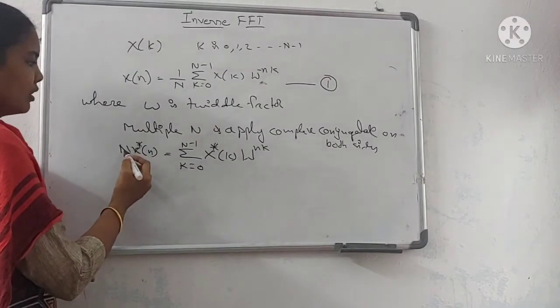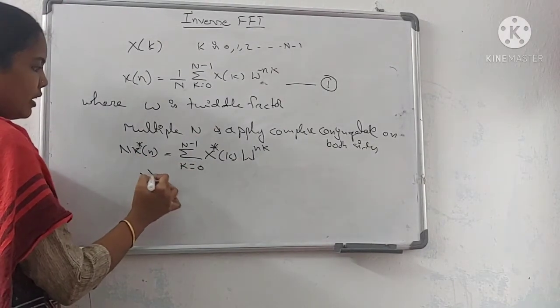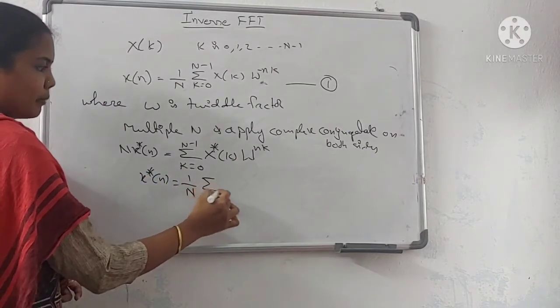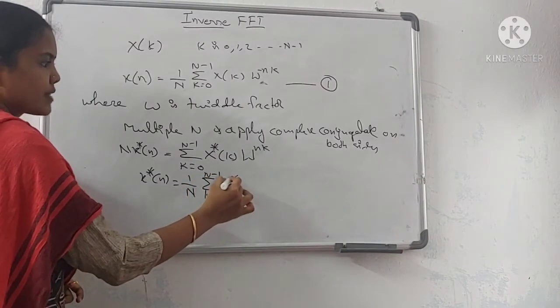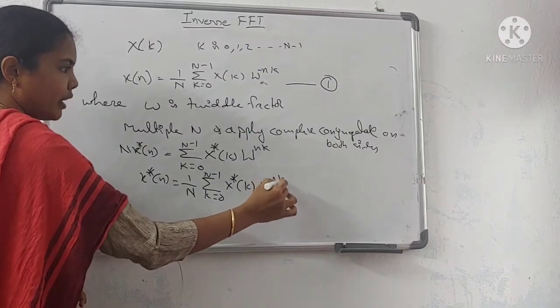Okay, so now x conjugate of n is equal to 1 by n summation k is equal to 0 to n minus 1, x conjugate of k W_N^{nk}.